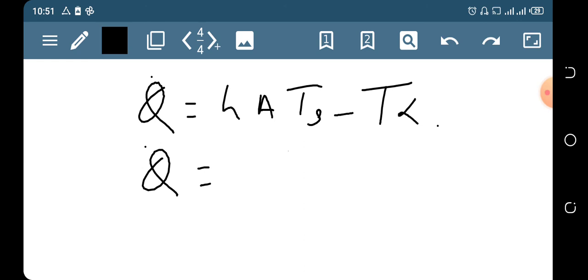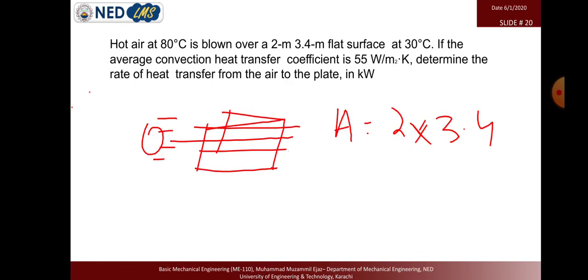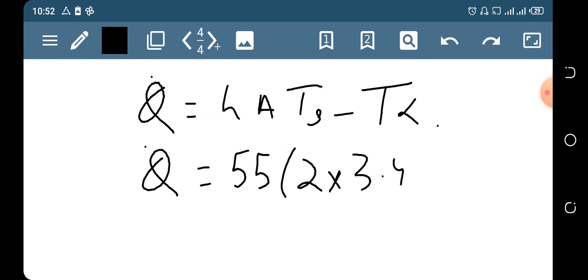The h value is 55, the area is 2 multiplied by 3.4, and the surface temperature is 80 while the blowing air temperature is 30. It is in degree centigrade; you can even convert into Kelvin, the temperature difference will be the same, 50.